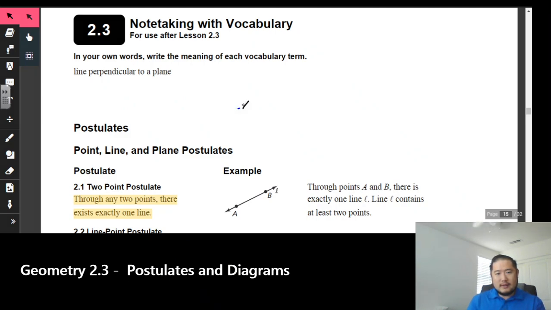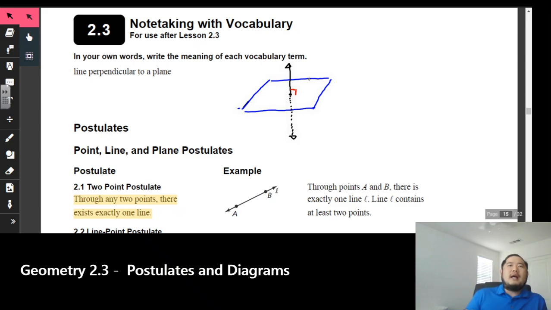So if I draw myself a plane right here, and I draw a line, and I want it to go straight down, and just to make sure that we know that it is perpendicular, we could add one more thing, and that is this little red box, which is our right angle symbol. Then I know that this line is perpendicular to this plane P. And we go ahead and label this line L.